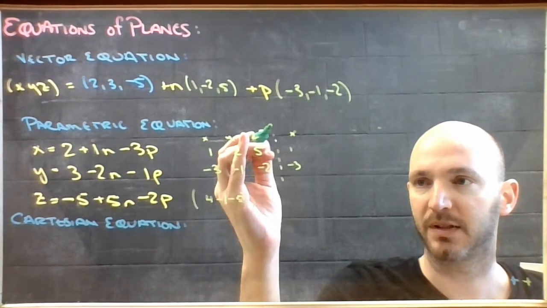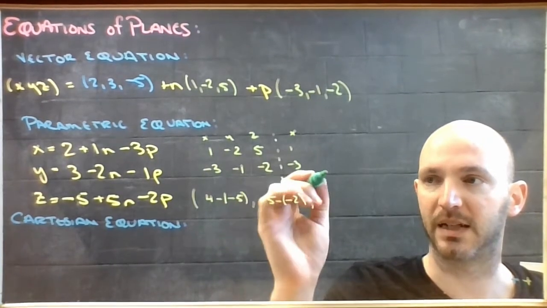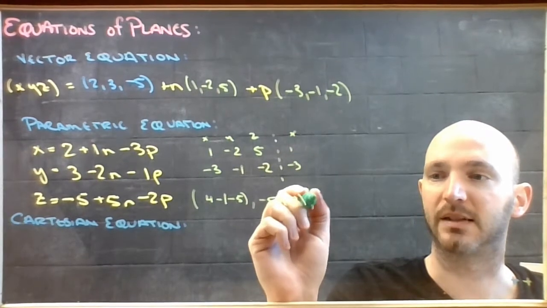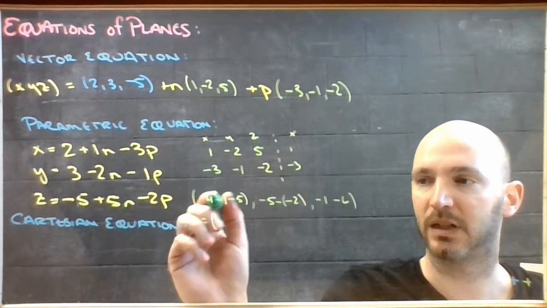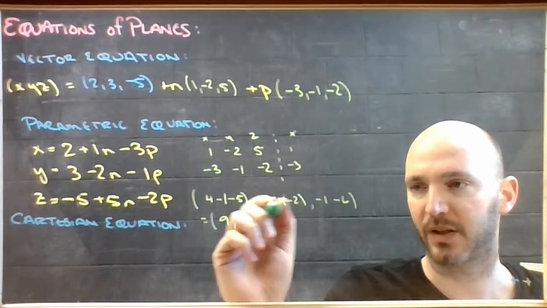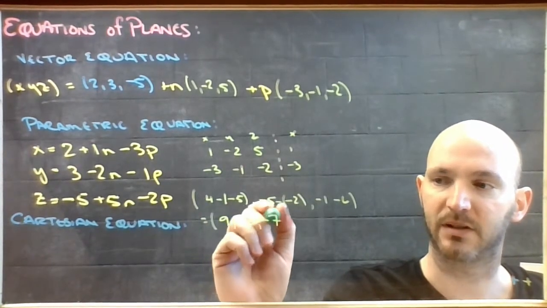My y coordinates will be negative 15 minus negative 2. And my z coordinates will be negative 1 minus 6. 4 minus negative 5 is 9. Negative 15 plus 2 is negative 13, but I wrote negative 5 plus 2 is negative 3. And negative 1 minus 6 is negative 7.